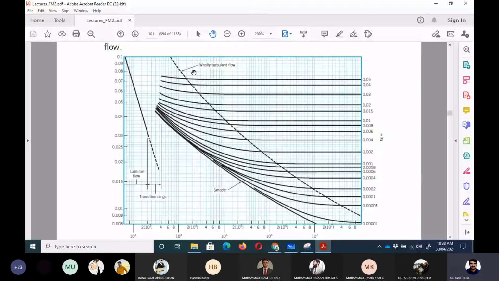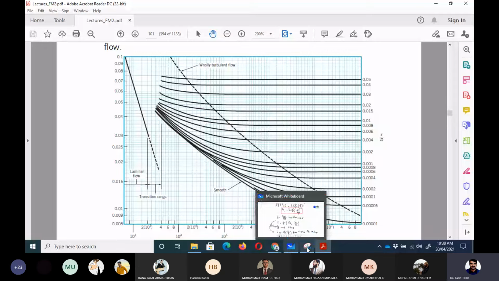But if we are talking about 0.0005, which is this line, that value of higher Reynolds number is like 50 million. After that, it becomes independent of the Reynolds number. So that all depends upon the Reynolds number value for a particular surface roughness value.